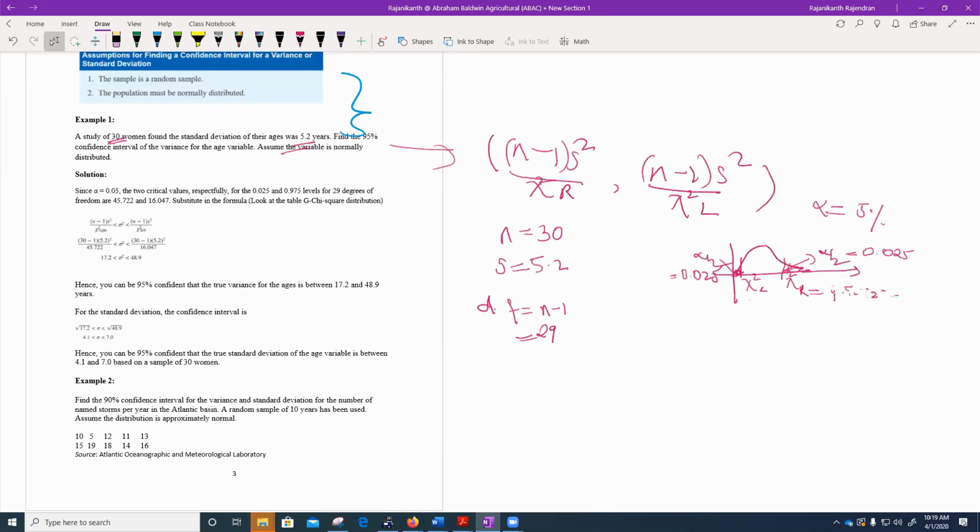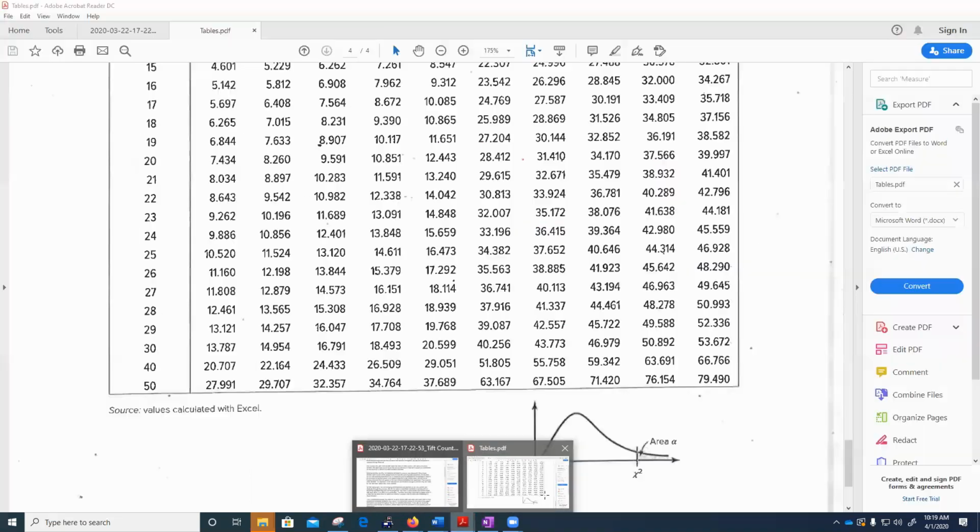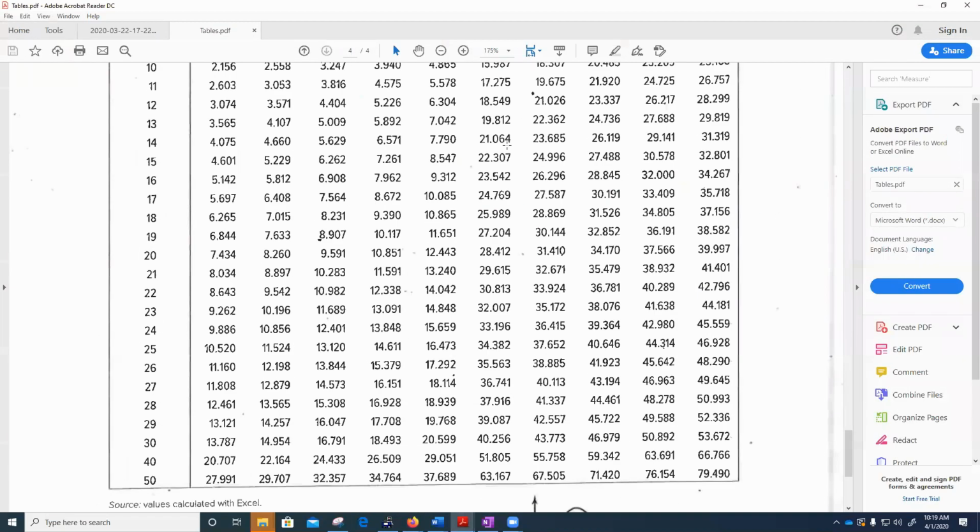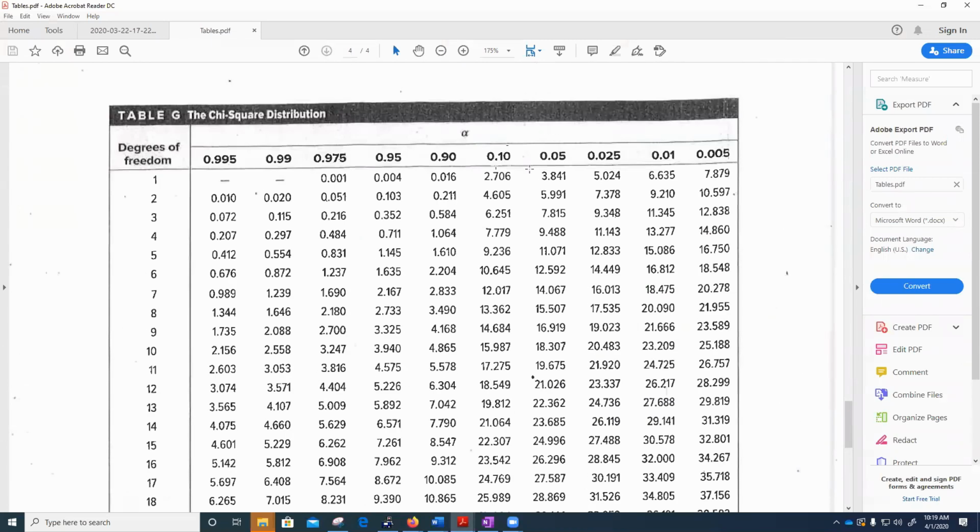Similarly, how do you find the left side? Again, you subtract this value from 1, which gives 0.975. To find the left point, you plug in this area, 0.975. I look at 0.975, which is in the third column.